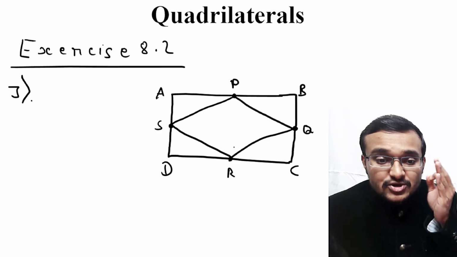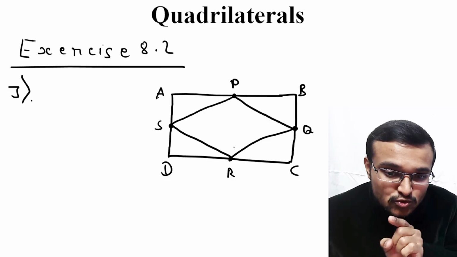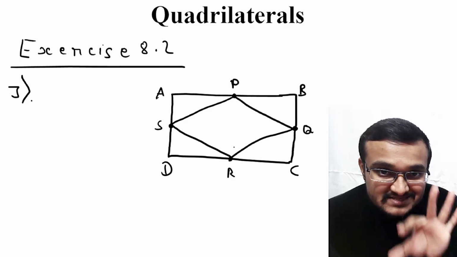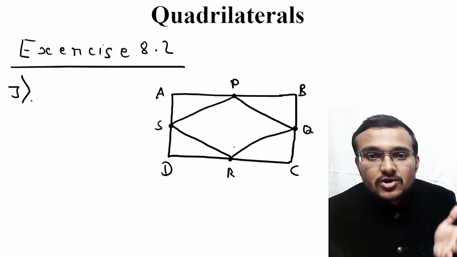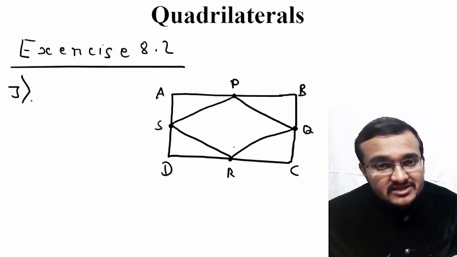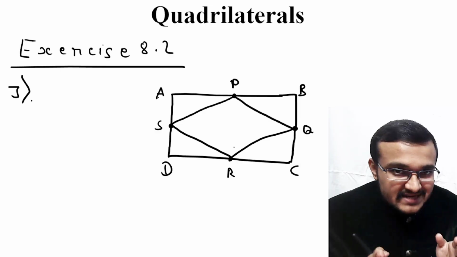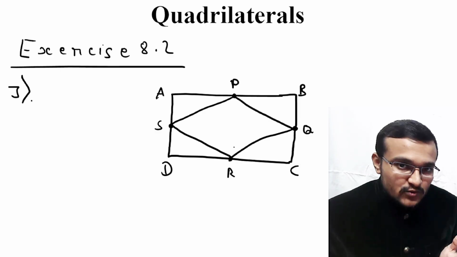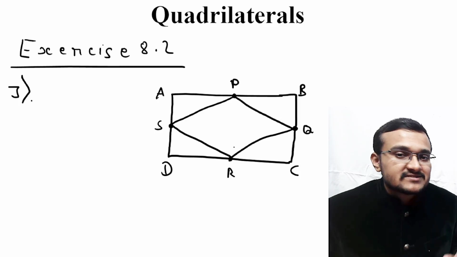So here you have to prove that this PQRS quadrilateral which is forming inside a rectangle is a rhombus. So what is the definition for rhombus? If all sides of a quadrilateral are equal to each other, then it is a rhombus.